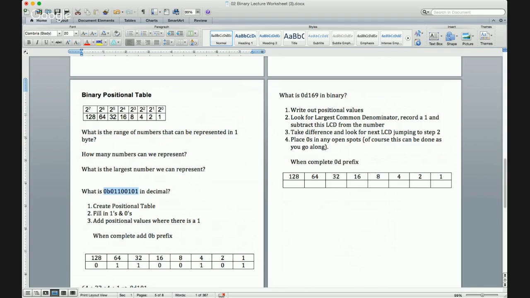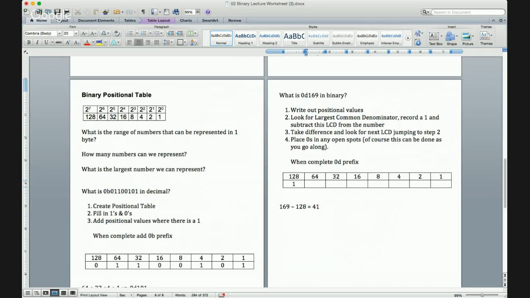Otherwise I write down a 0. So let's do this. Are there any 128ths in 169? 1. Right? And I subtract: 169 minus 128. What do I have, 41? And I'm going to use that 41 and continue on down the line.